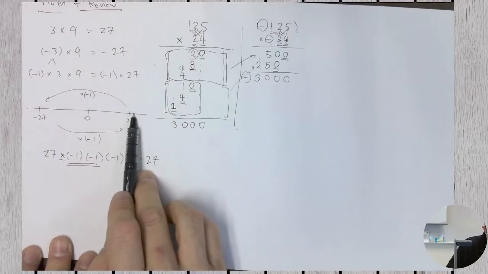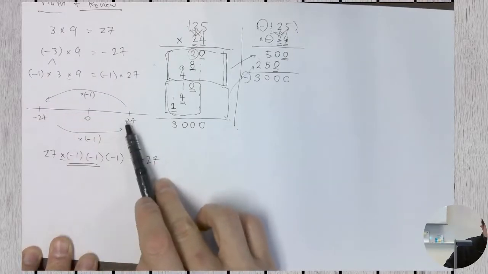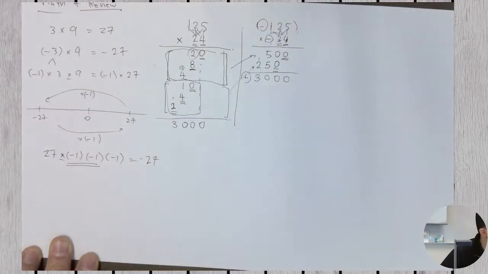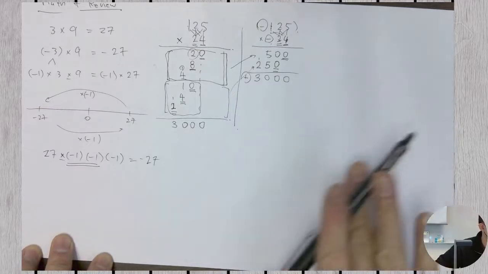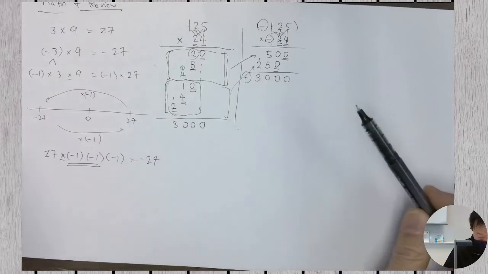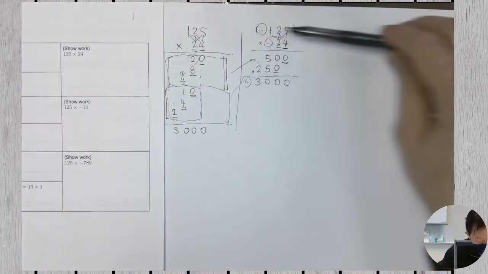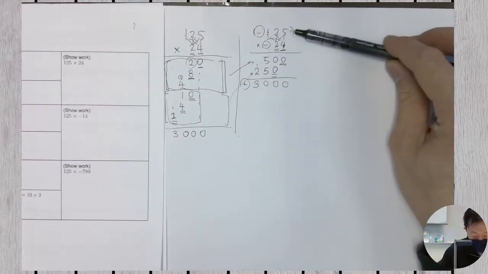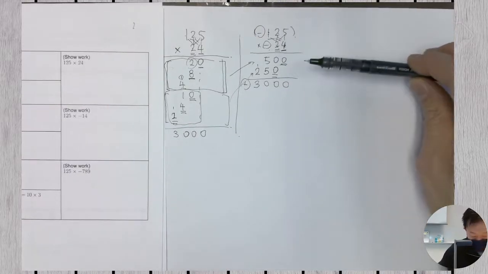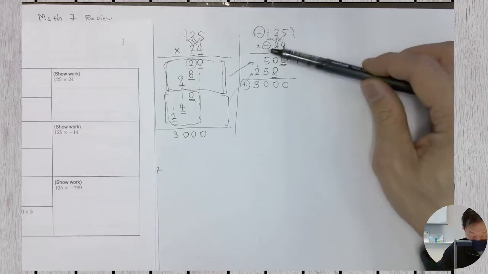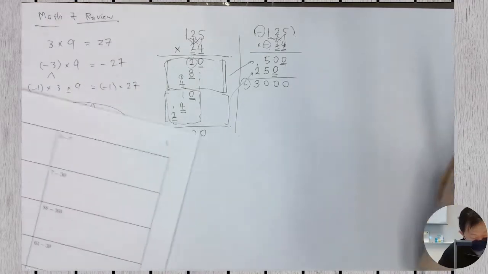You will be going to the other side and then back. The result will be positive. Make sense? Okay, so hopefully we have a good review on how to multiply multiple digits, right? 3 against 2, 3 against 3. If one of them is negative, you know what to do.